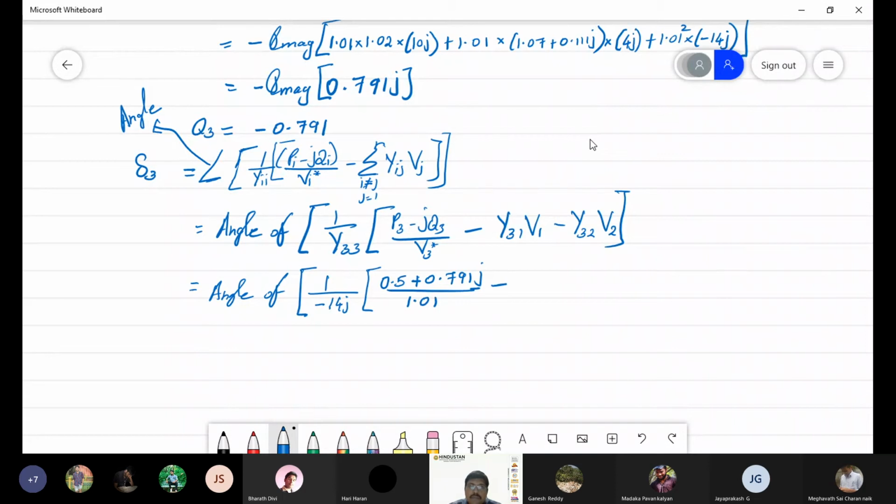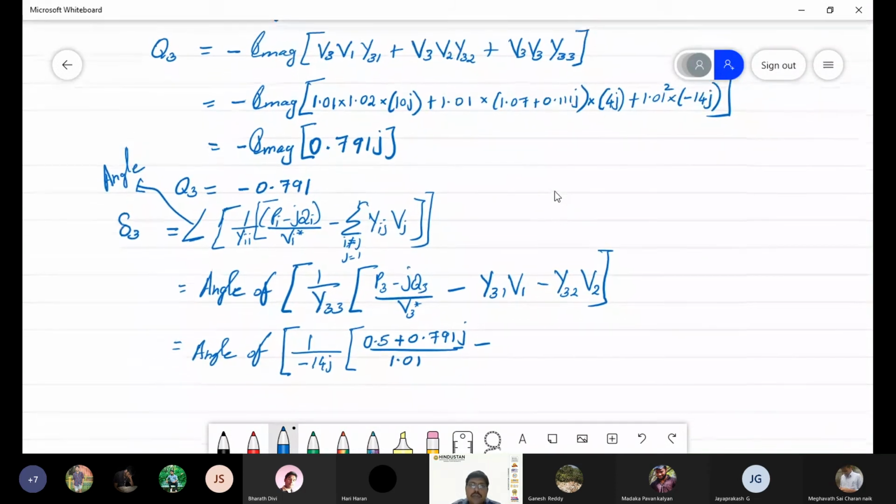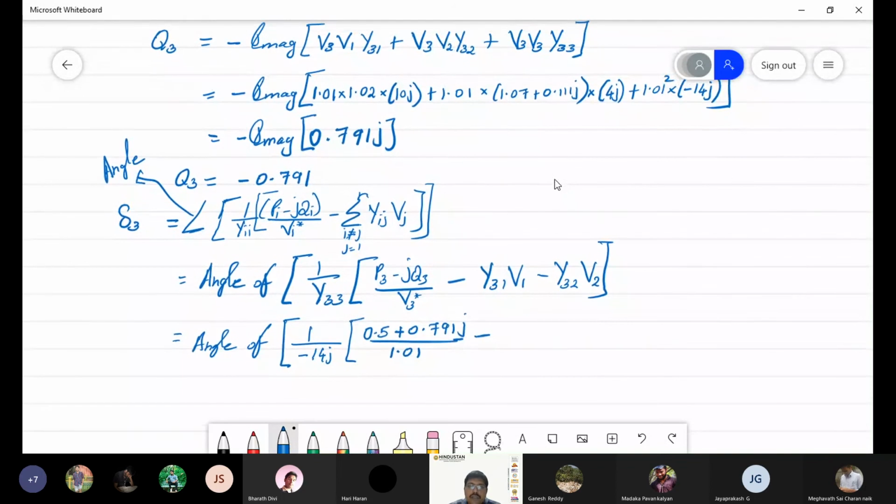1.01 minus, then Y31 and Y32 values we have to substitute. We know that the Y31 value is 10j, multiplied by the V1 value 1.02, minus the Y32 value, which is 4j, multiplied by the V2 value.